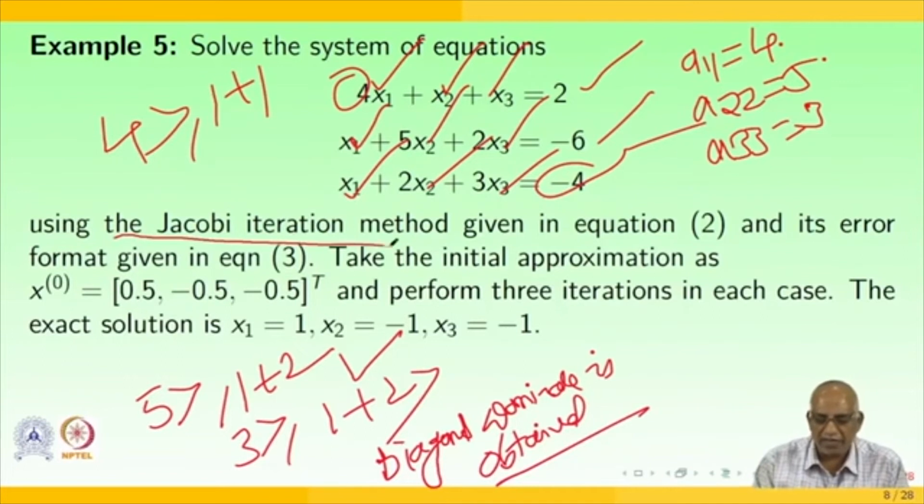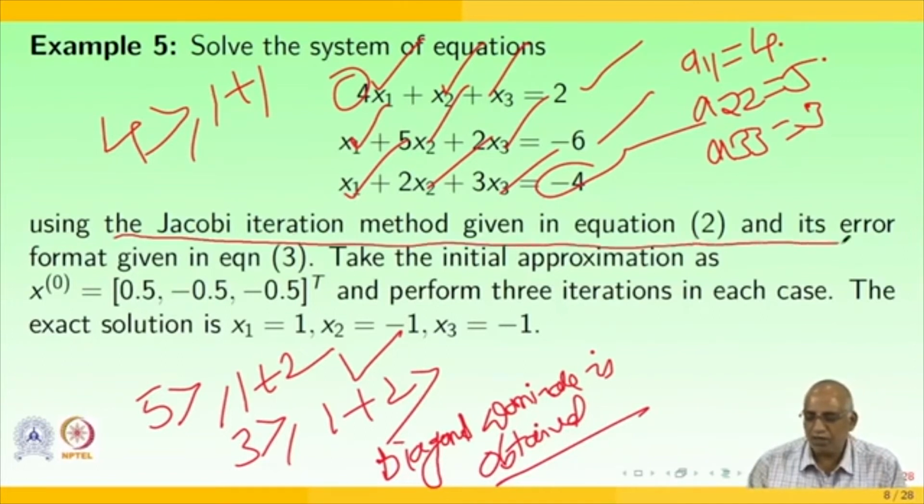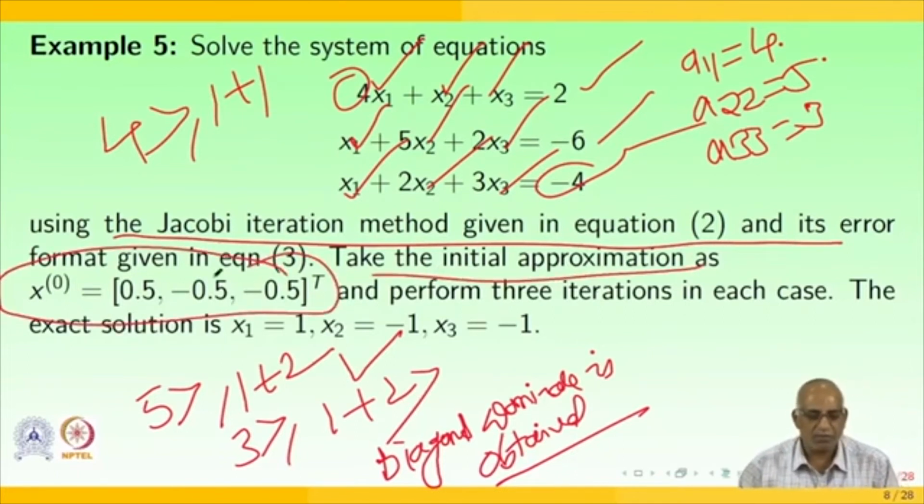So using the Jacobi iteration method, given equation 2 and its error given by equation 3, we will take the initial approximation as 0.5, minus 0.5, 0.5. The choice of the initial approximation is very crucial. How you choose the initial approximation, if not given, depends upon how closely you can expect the solution with minimum error.